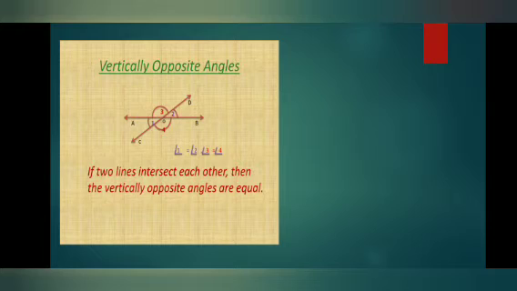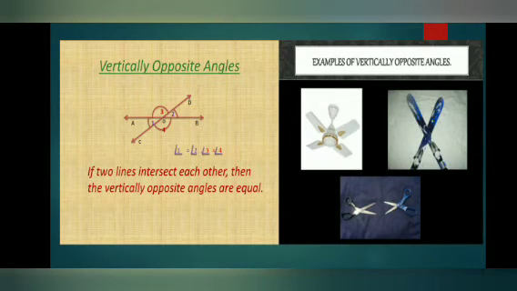You can straight away find out from here that angle 1 is opposite to angle 2 and angle 3 is opposite to angle 4. So angle 1 and angle 2 are equal and angle 3 and angle 4 are equal. These angles are called vertically opposite angles. There are a few examples of vertically opposite angles: the blades of the fan, the scissors.